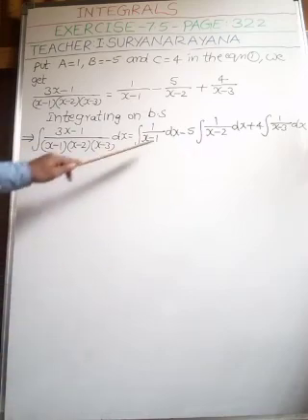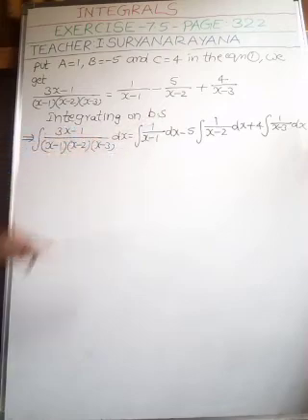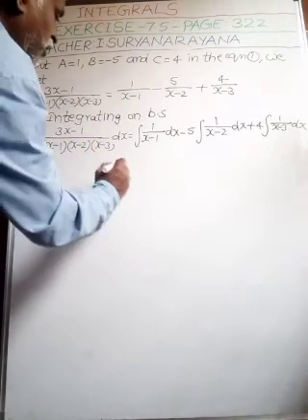Right. Now the first term is in the form of integral 1 by ax plus b. Previously we applied that formula for the first question. What is the formula?